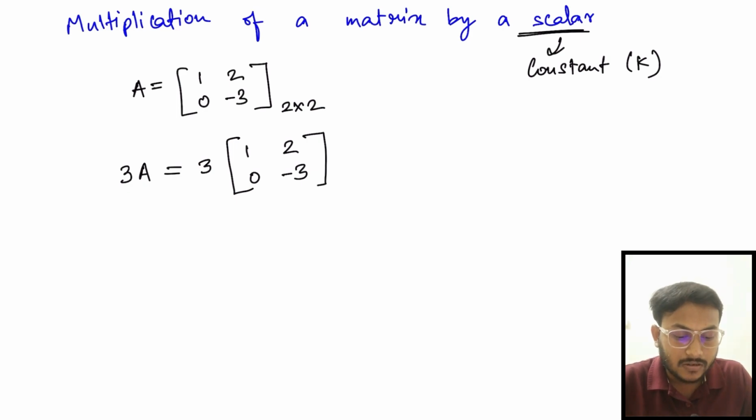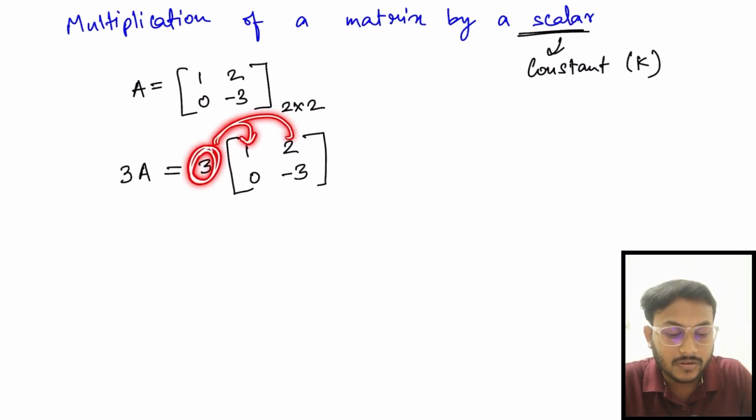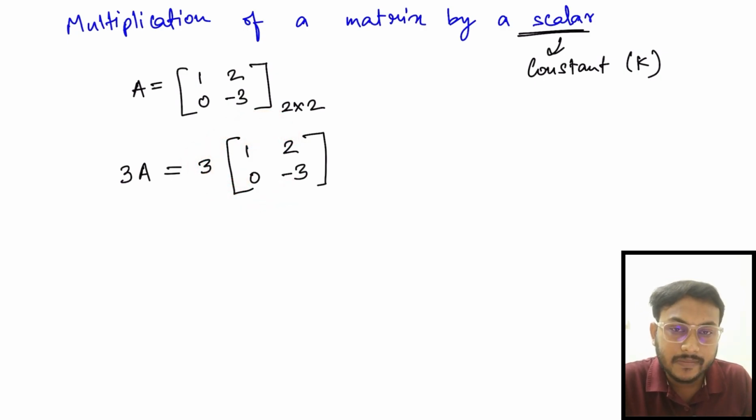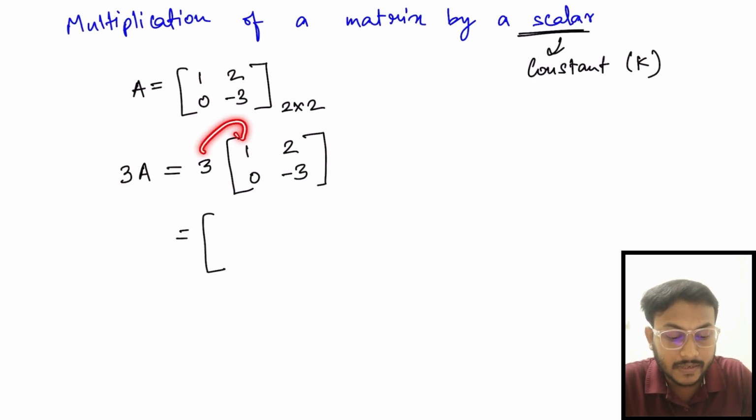Now how to find this? Whenever a constant is multiplied with a matrix, we have to multiply this constant with every element in the matrix. So we will get a matrix. When 3 is multiplied with 1, we get 3.